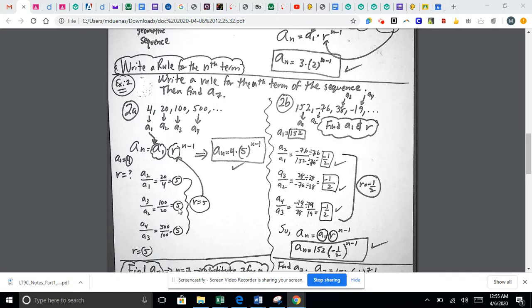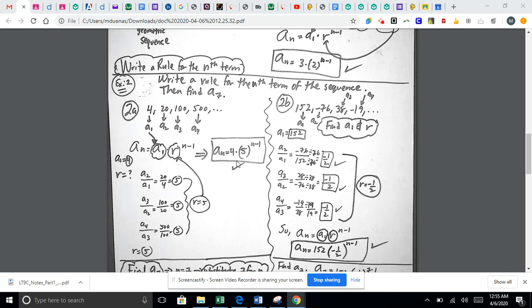So we're going to do the last one, A sub 4 divided by A sub 3. A sub 4 is 500. A sub 3 is 100. What's 500 divided by 100? Well, it's 5. So this implies, since they're all the same, that the common ratio is 5. Now that we have the common ratio, what do we think we have to do?